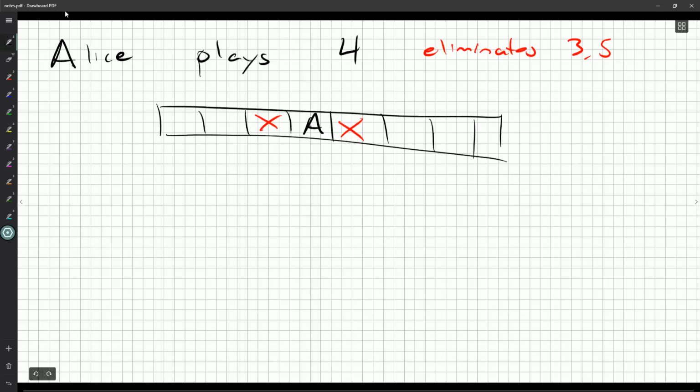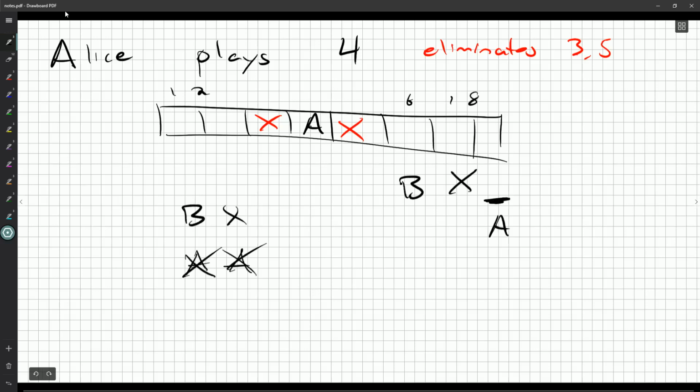So if Bob plays over here, that eliminates that, but then Alice could play here, eliminating those 2. So we don't want that. I think if I have Bob play here, so 6, 7, 8, 1, 2. If Bob plays here, that eliminates that, but this is left open. Now Alice either plays there, and then Bob plays in one of these, or Alice plays in one of these, eliminating the other, and then Bob plays in here. Okay, alright, good strategy.